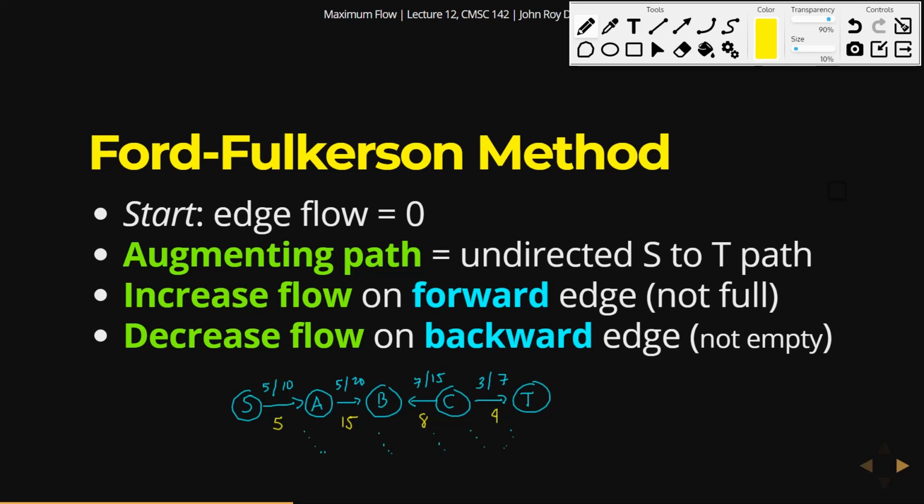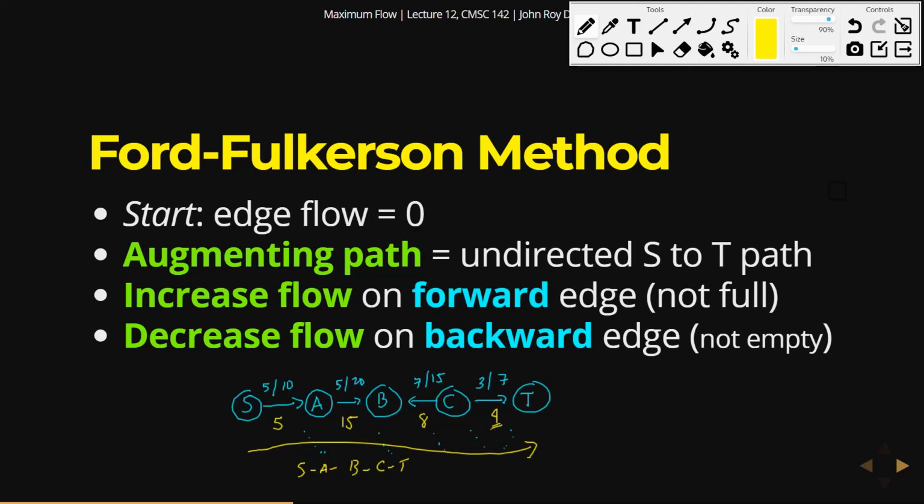Now, what if we send another flow along this one? S, A, B, C, T. How much flow can we send here? The maximum that we can send is 4, because that would make this full already.